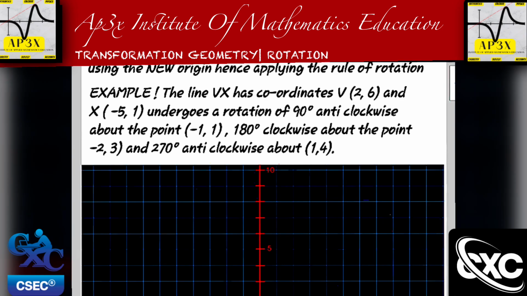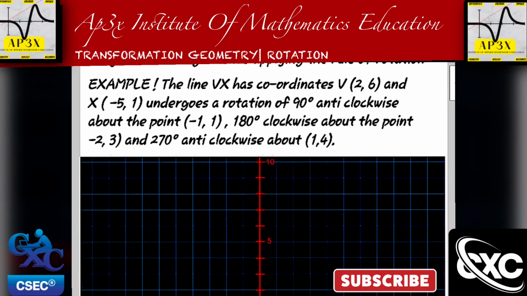Now here's an example. The line VX has coordinates V(2, 6), X(-5, 1), and undergoes a 90 degrees anticlockwise rotation about the point (-1, 1).